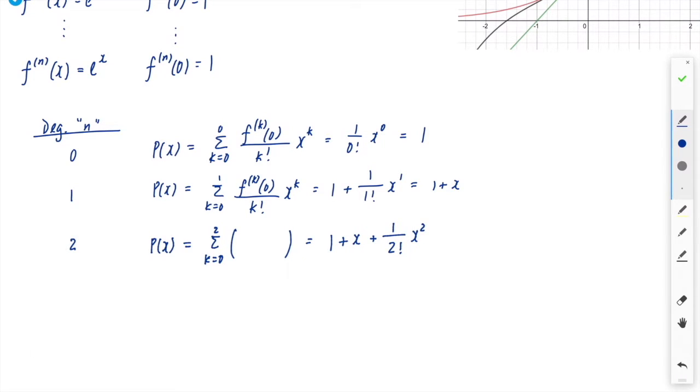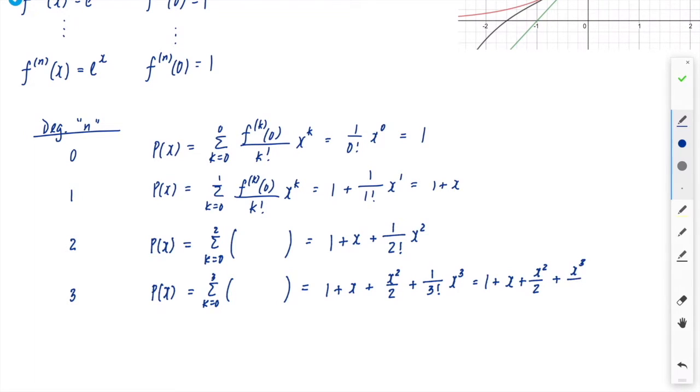Okay, and then degree 3, pretty much the same thing, but now we're adding on 1 plus x squared over 2 plus, this time the third derivative at 0 is 1, over 3 factorial x cubed, just like that. So this simplifies to 1 plus x squared over 2 plus x cubed over 3 times 2 times 1, 6.